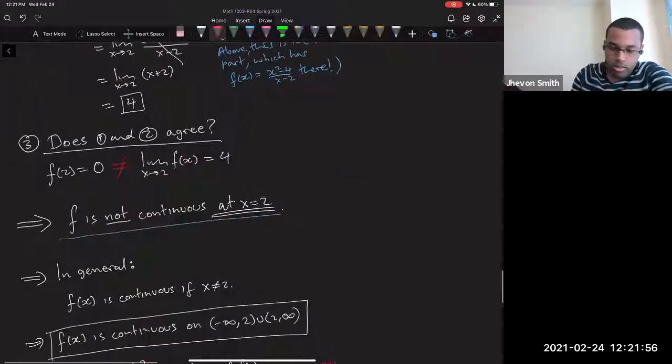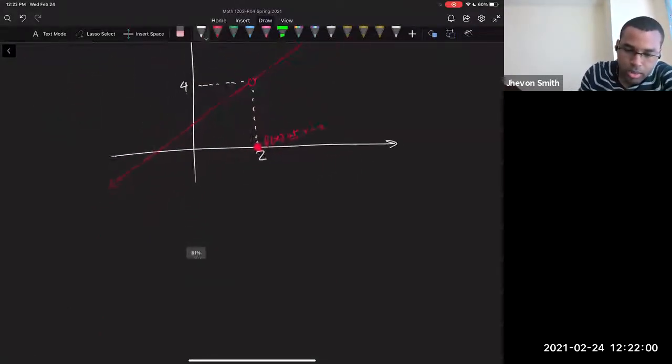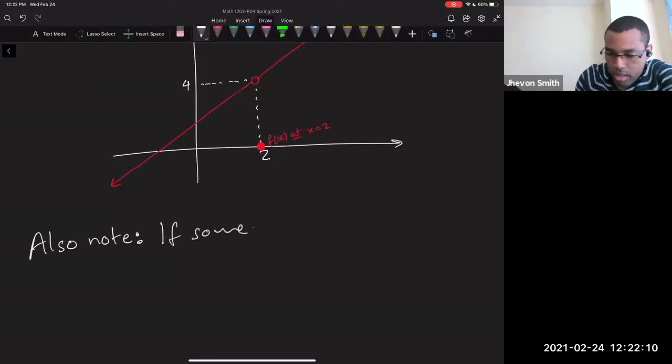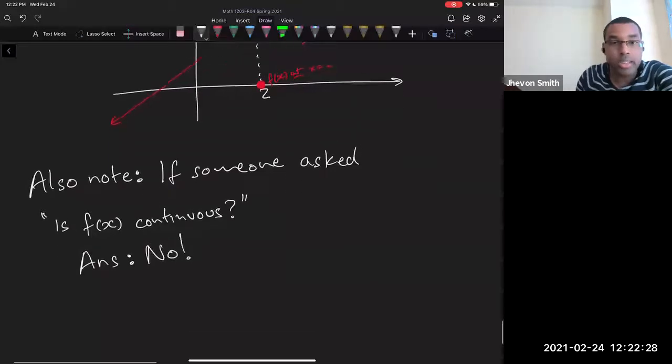Also notice, if someone asked, is f of x continuous, with no specification of where, then the answer would be no, it is not a continuous function.